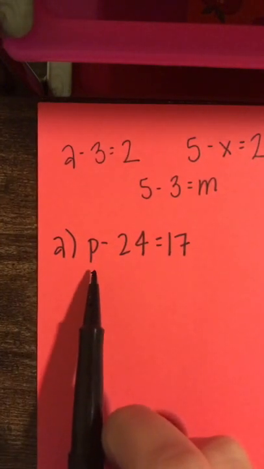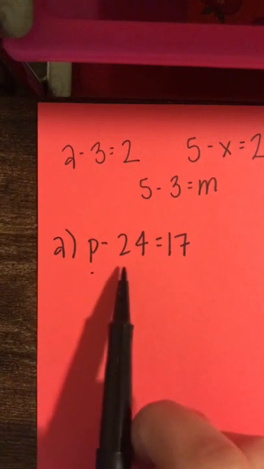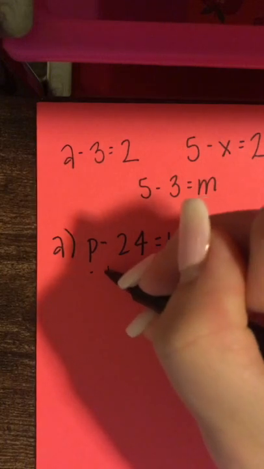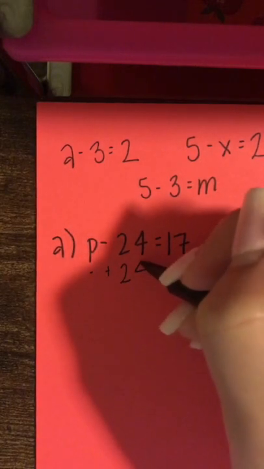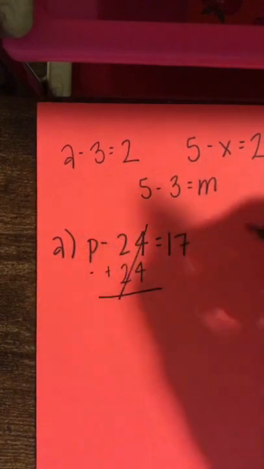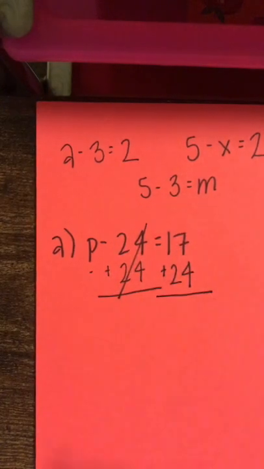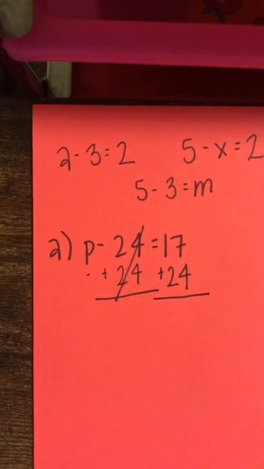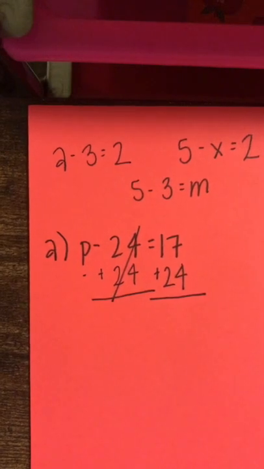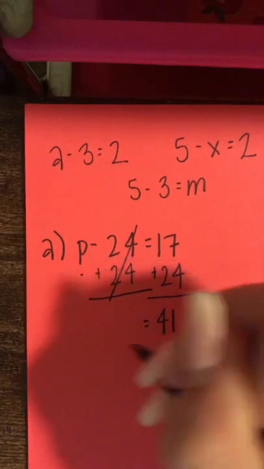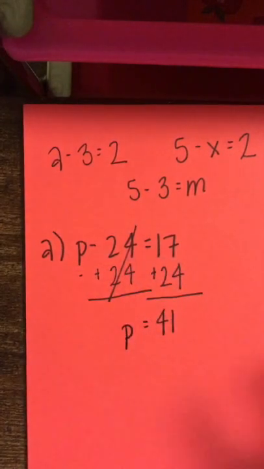We want to isolate p. So we have to get rid of this negative 24 on this side. So you will take 24 and you are going to add it over here to the right side. Okay, and then once you do 17 plus 24, you will get 41. So that will be the value of p.